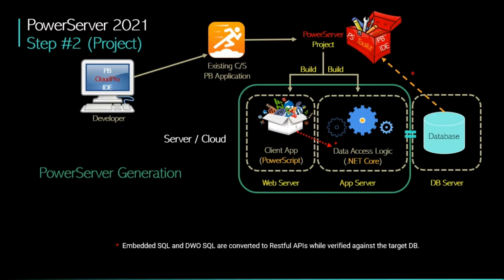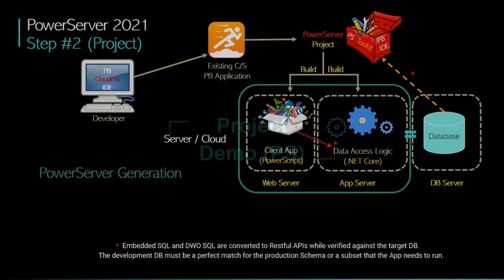The retrieve, for example, is a RESTful API call. The update is a RESTful API call. Commit and rollback just become RESTful web API calls. So the key is that the development database, again, must match the production schema, or the schema that you're pointing to is a subset of what is actually out there. So as long as I can verify that DML, data manipulation language, at that point.